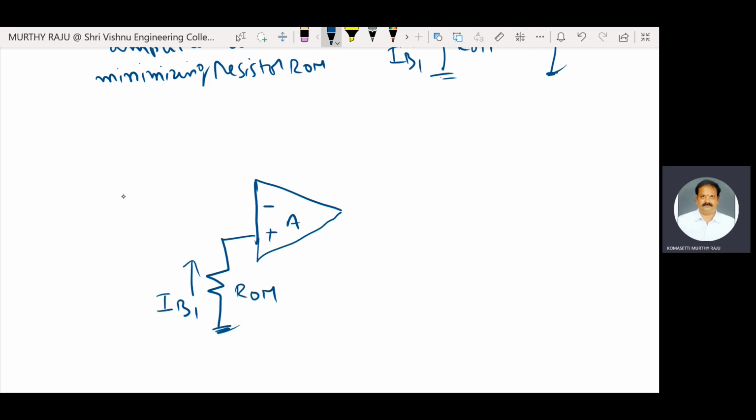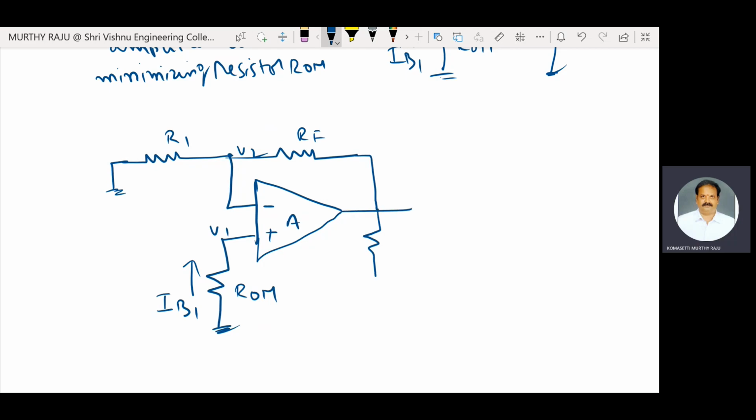This one is IB1, V2, V1, R1, RF, V0, IIO.